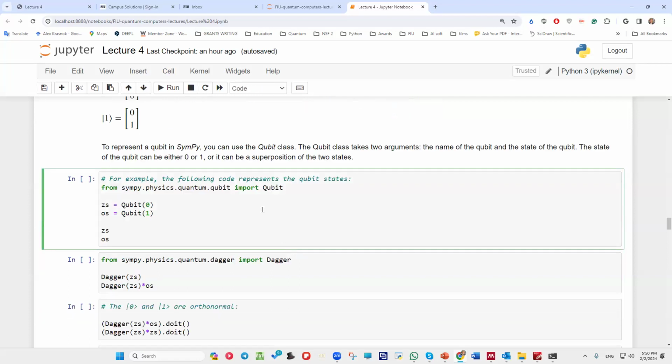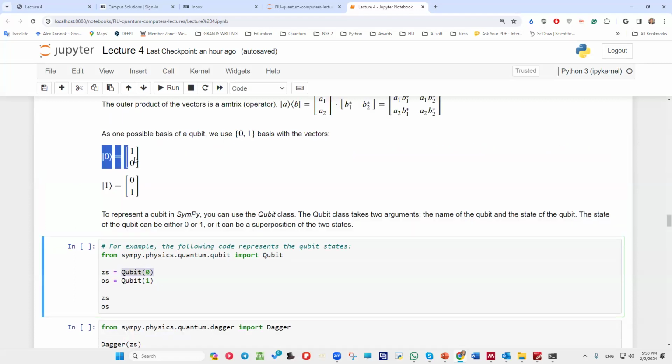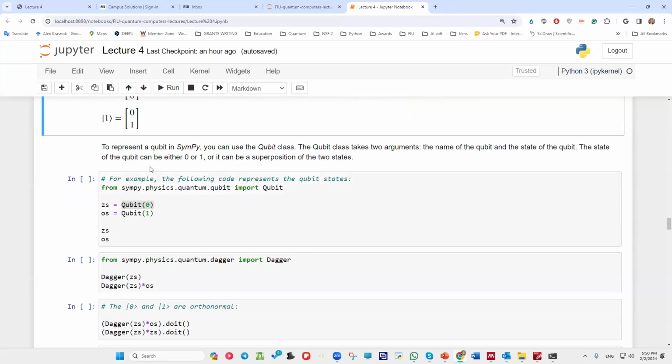In order to do so, I import this class Qubit from sympy.physics.quantum.qubit. As I do so, I can work with qubit states, Qubit 0 and Qubit 1, just by announcing them. Here, for example, I write Qubit 0, and this is exactly the state 0, this (0, 1) vector.